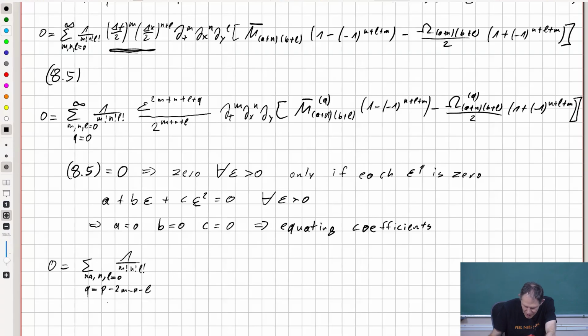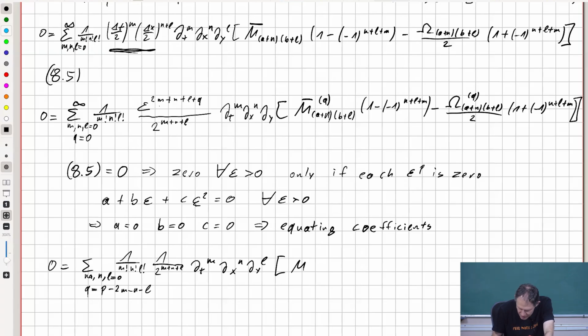So I don't need to include this here anymore because this can be factored out. The only thing I have to include here is 2m plus n plus l, and now comes dt^m dx^n dy^l.